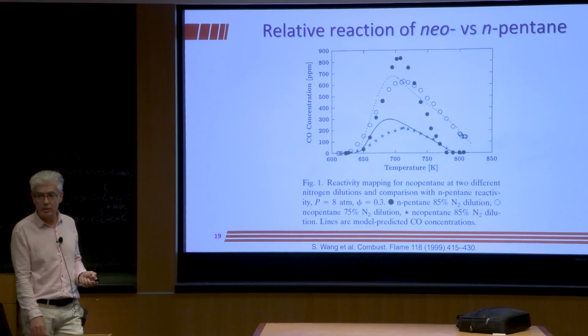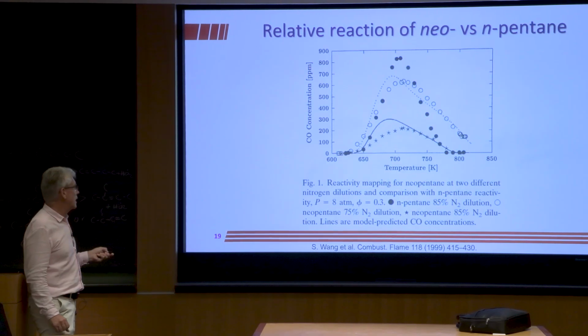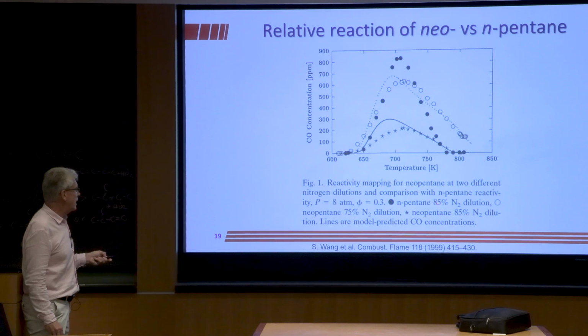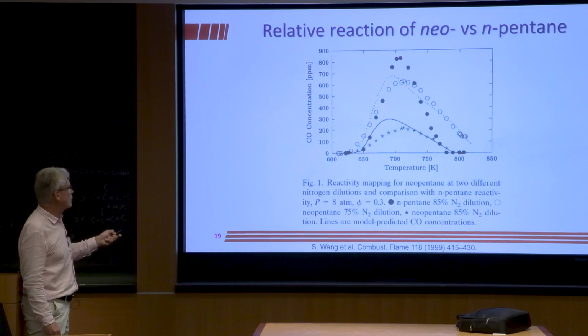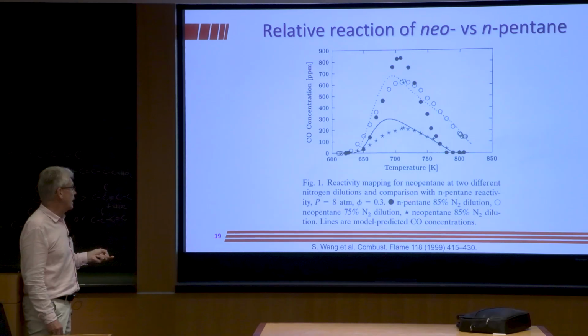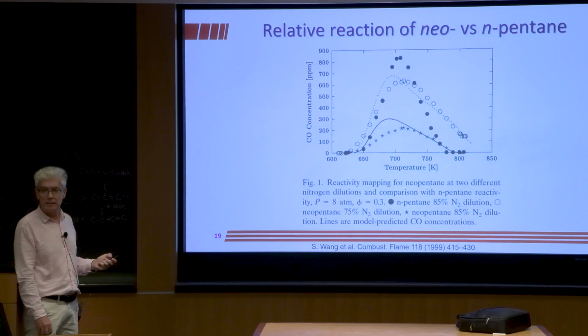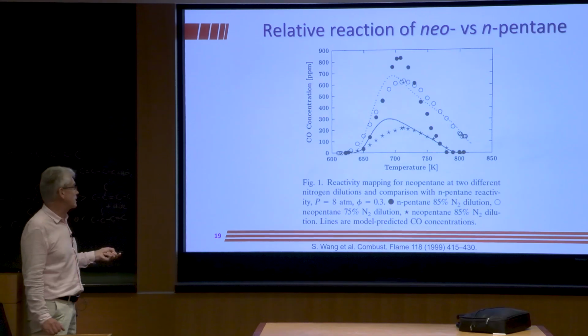The higher the CO concentration, the more fuel has been consumed. And what we see here is at 85% N2 dilution in N-pentane, we get quite a lot of conversion. But in 75% nitrogen dilution for neopentane, we still haven't got as much conversion as we had in 85% dilution for N-pentane, which indicates that neopentane is considerably slower to react than N-pentane.